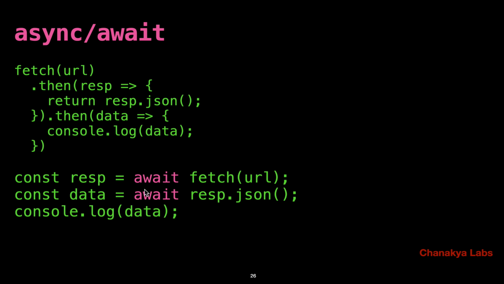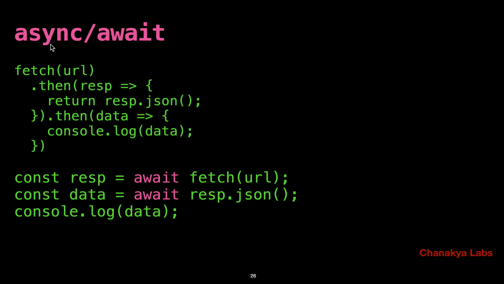In fact, we will see that everything around this is just a promise. So just understand that async await is not some new paradigm. It's basically just promise in a new form, nothing else, right? So rather than promise dot then, I'm using await promise. That's it. But this is also promise syntax only.